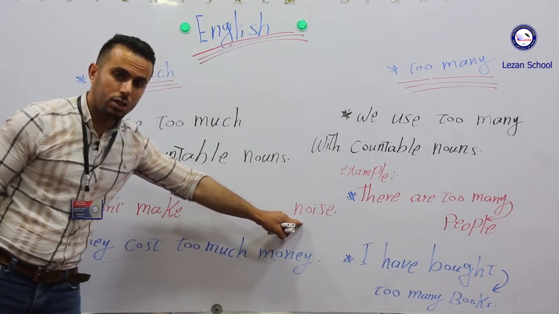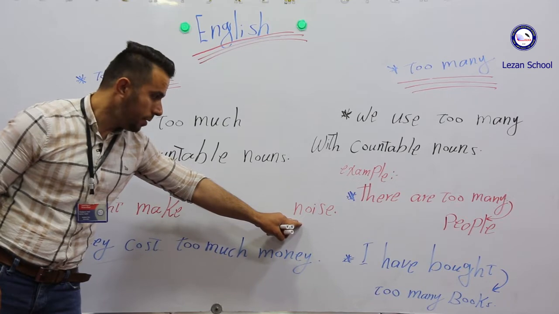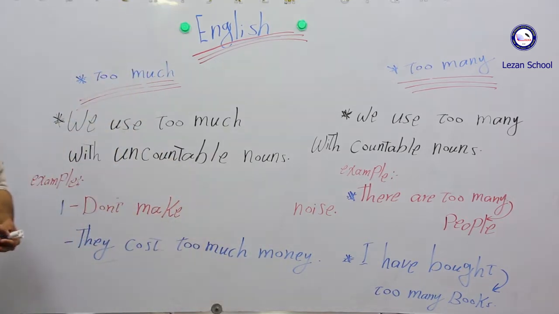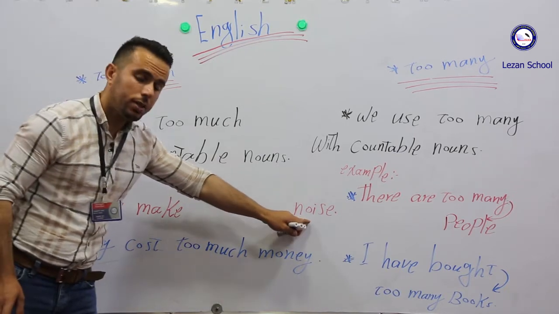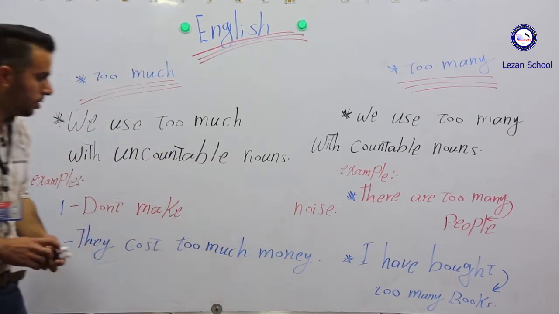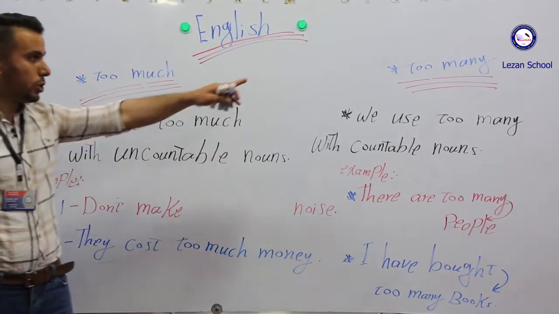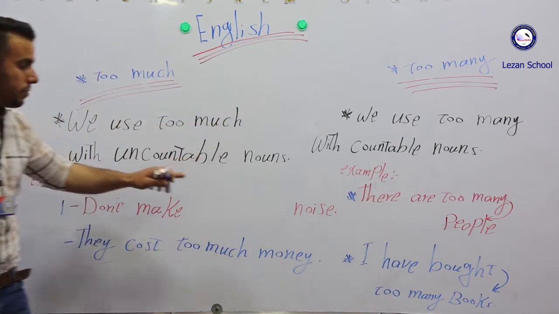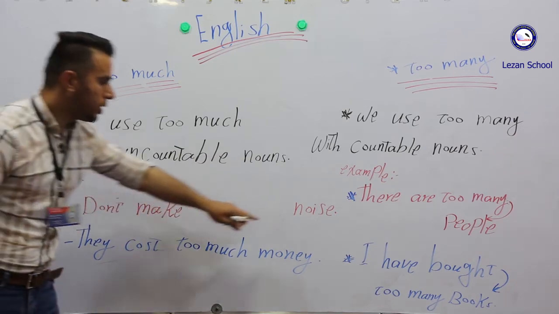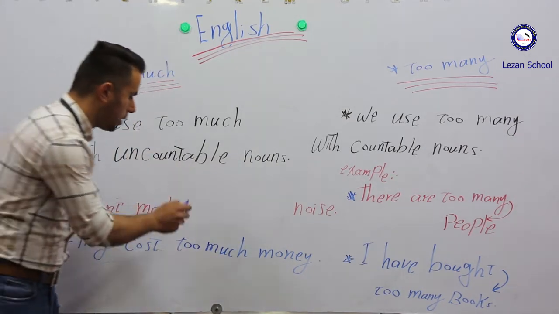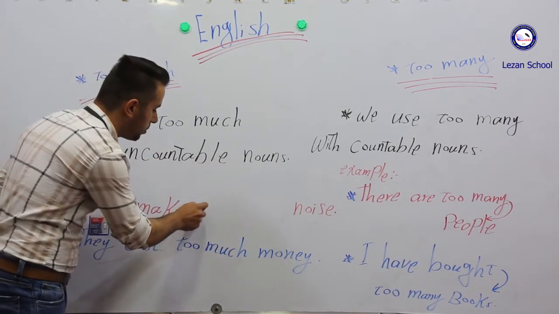Among the options, you have too much and too many, but you don't know which one is correct. You have to have a look at the sentence, at the noun. If it's countable, we use too many. But if it is uncountable, we use too much. Here, noise is uncountable, so we use too much.